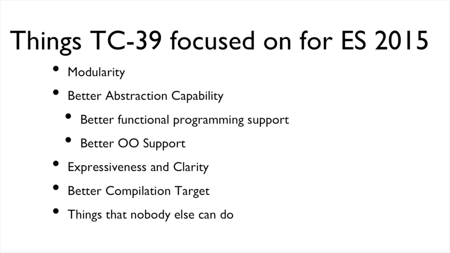But what only the standards body can do is define new syntax for the language, change the semantics, or add new deep semantics into the language. That's why you tend to see a lot of focus on those sorts of things.